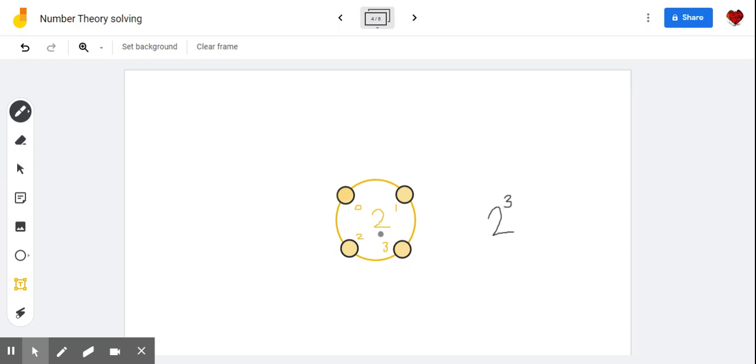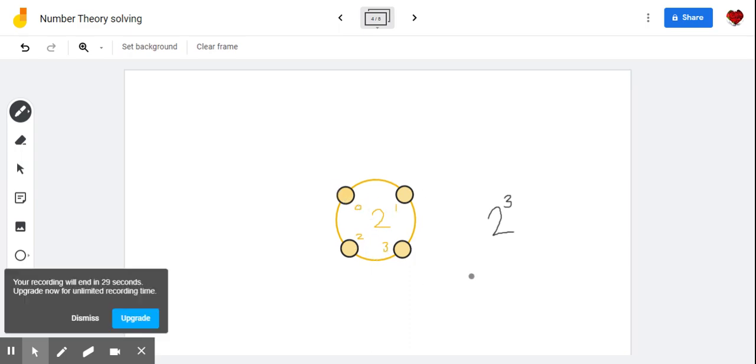We have the number 2 right in the middle of the circle, and 4 other circles around it with the numbers 0, 1, 2, and 3. This is because we can only use the numbers between 0 up to the exponent number. So we only have 4 possible choices to use over here. And we put them down.